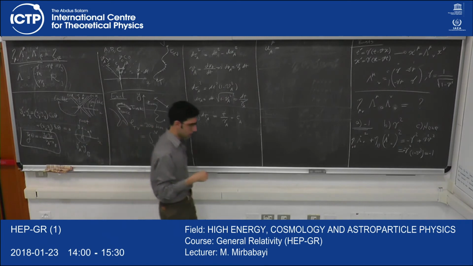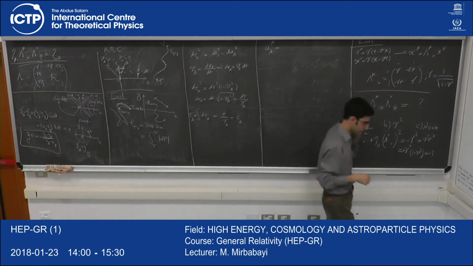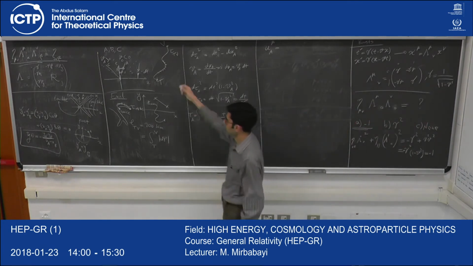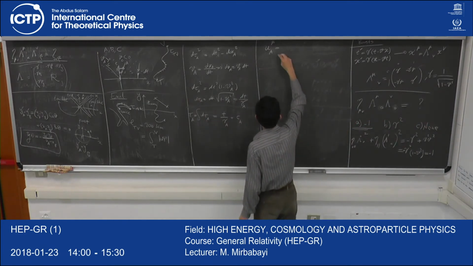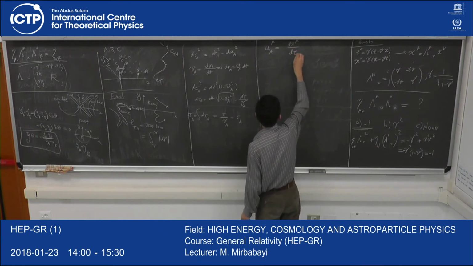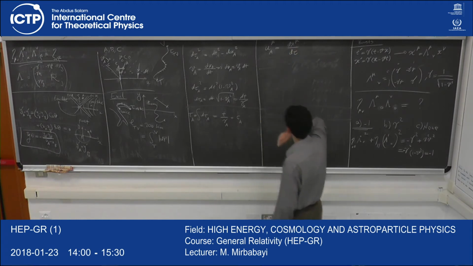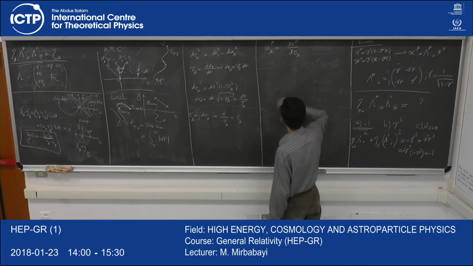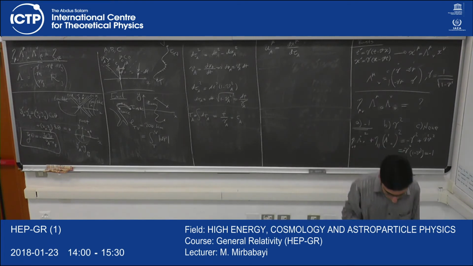This four-velocity is essentially a generalization of that to space-time. It is defined as u^mu = dx^mu divided by d tau, the derivative of x^mu with respect to the proper time.